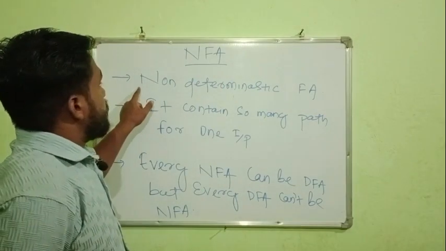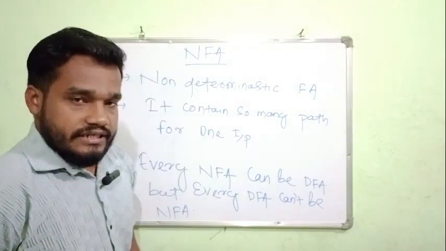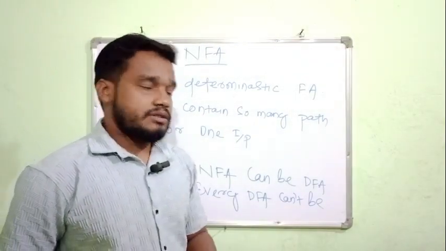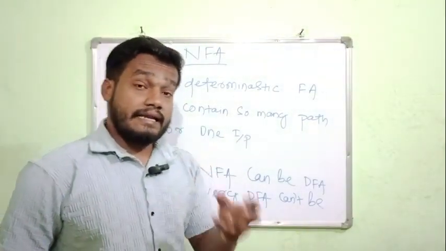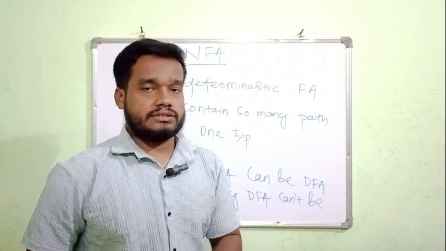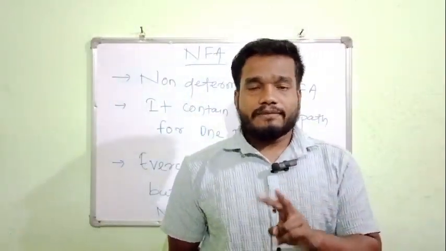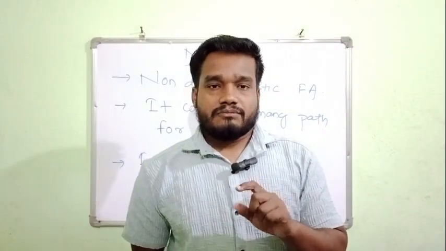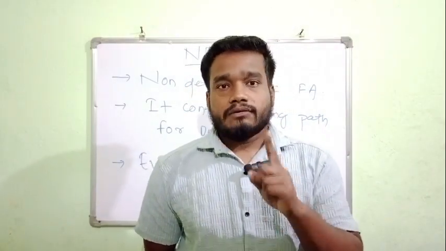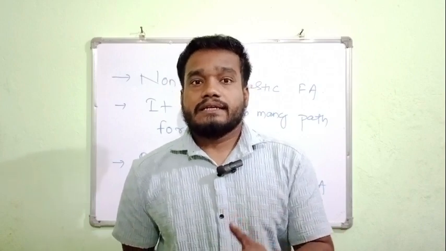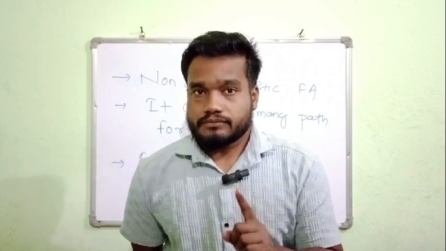So it stands for non-deterministic finite automata. It contains so many paths for one input, and every NFA can be a DFA, but every DFA cannot be an NFA, because there is a difference in path specification. In case of DFA, you will get one path for one input, but in case of NFA, you will get many paths for one input.